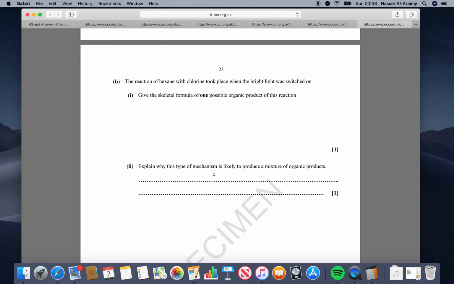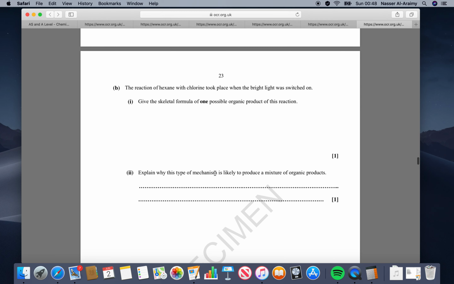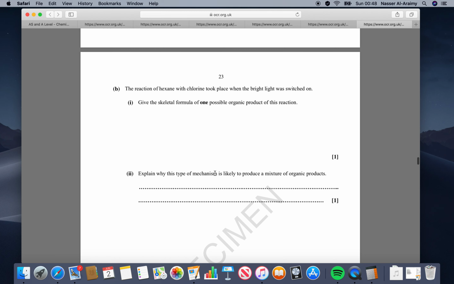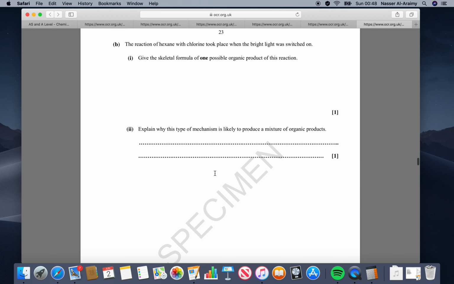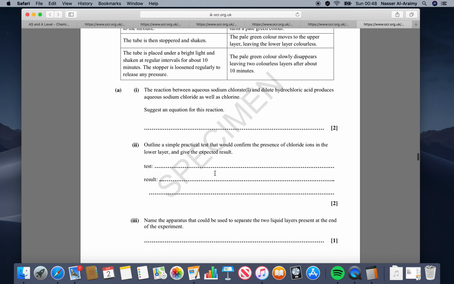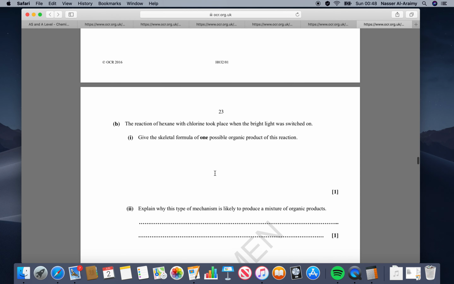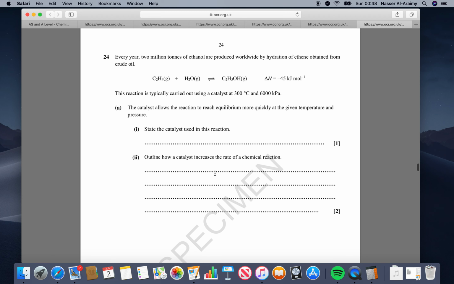Explain why this type of mechanism is likely to produce a mixture of organic products. So know about racemic mixtures. Know about what's likely to produce multiple isomers.